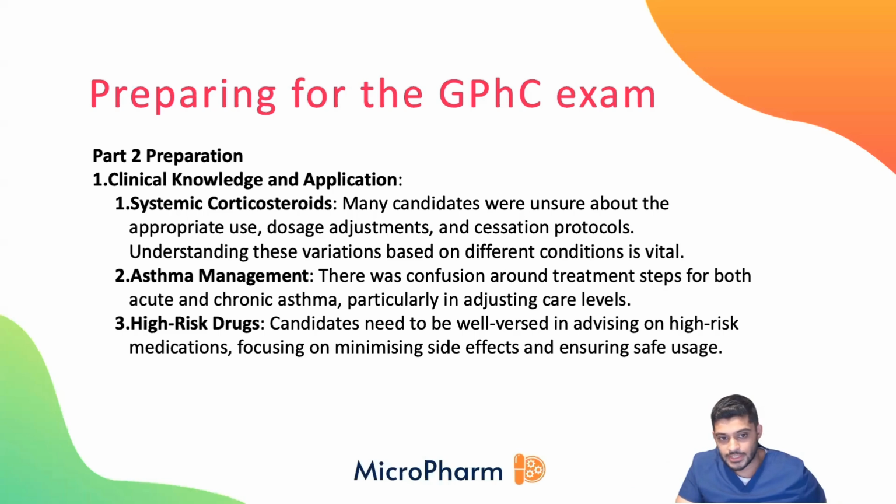Okay, so let's go to part 2 preparation. Part 2, again, sometimes called the clinical paper. Systemic corticosteroids: many people are unsure about appropriate dosage adjustments and cessation protocol. You can't just stop prednisolone, for example. Why can't you stop prednisolone abruptly? Does anyone know?